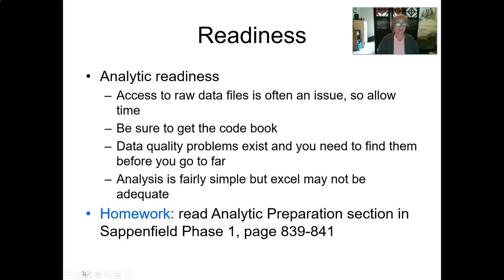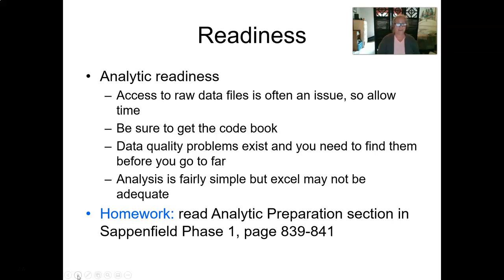There's also analytic readiness. If you're going to do PPOR, you should know that access to the raw data files is often a real problem. So allow time. If you haven't got those, don't assume you can just get them easily. And be sure to get the code book. A lot of people don't get it; don't guess about what you're looking at. Data quality problems really do exist, and you need to be aware of them.